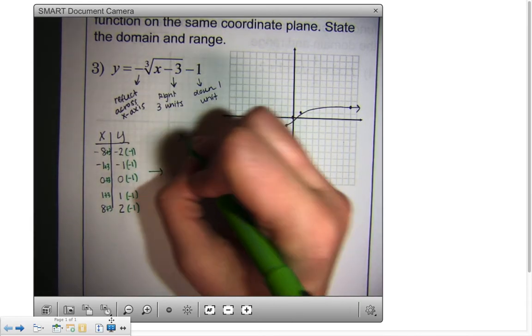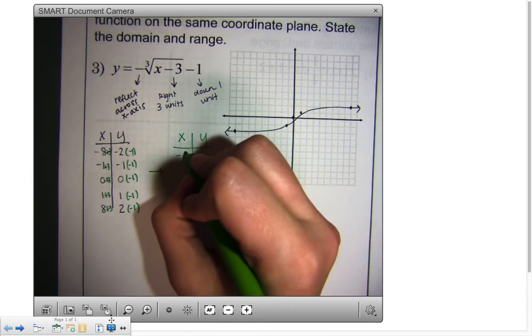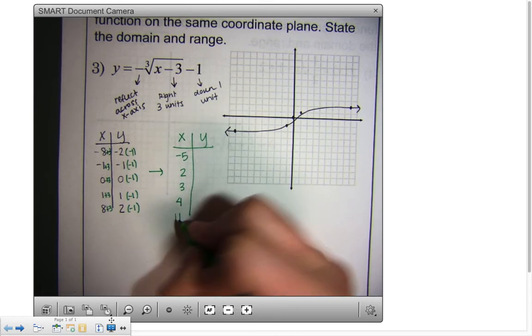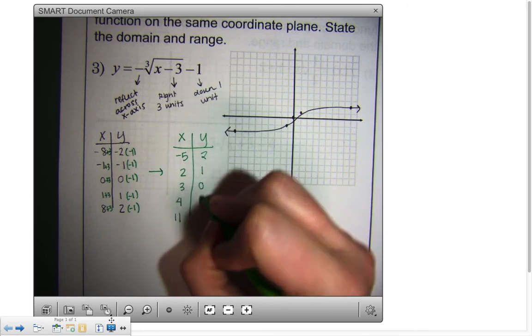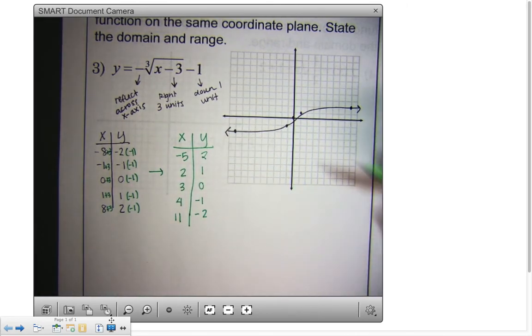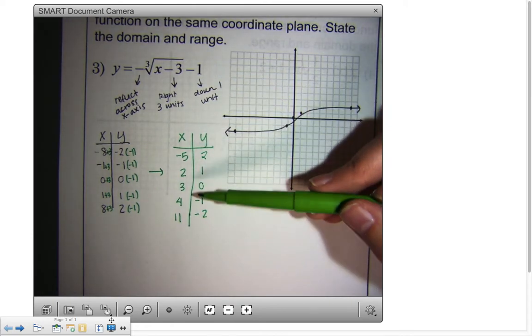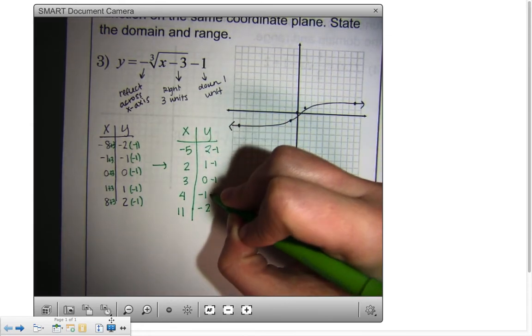So let's see what we have so far. And my y's have just switched signs. I still have to shift this whole graph down 1 unit, and that's going to affect the y values. So now I need to go through and actually subtract 1 from all my y's.